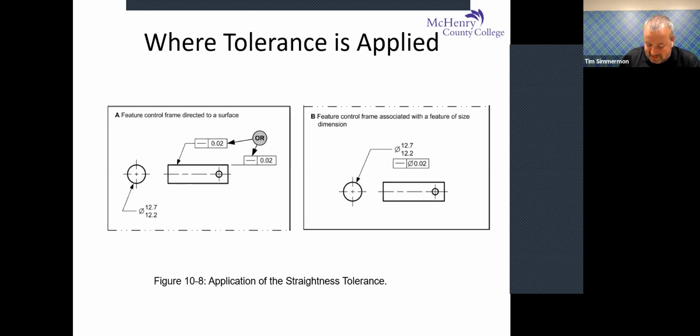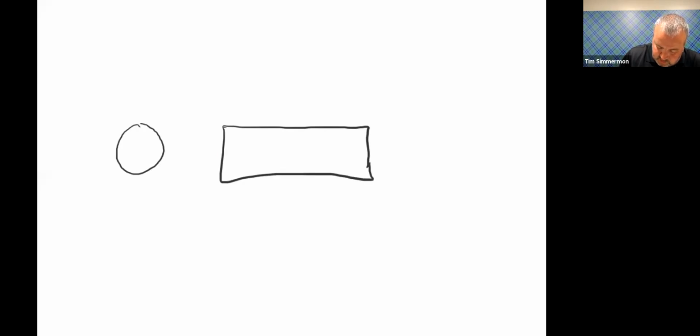Double check on my size, it's 12.2. So if I go to recreate the drawing in my beautiful handwriting here, we have our diameter part. Diameter is 12.7 to 12.2.